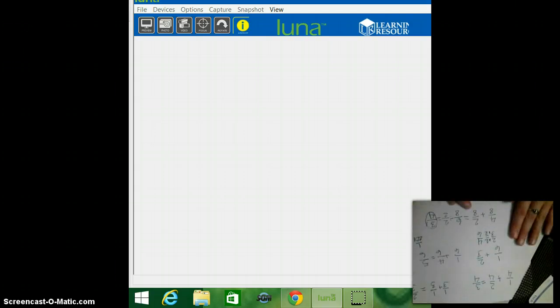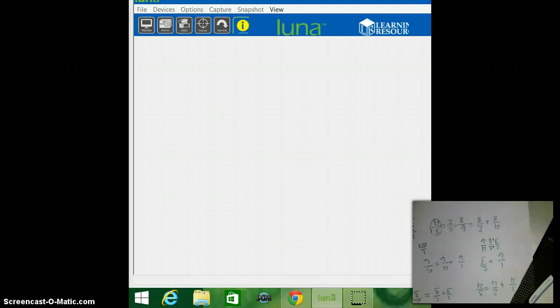Okay, so this was a quick snapshot of adding like denominators and then making sure your answer was in lowest terms. We also added unlike denominators and made it simple, where we only had to see if one could fit into the other. The next lesson is going to be on unlike denominators, but where you have to do some more work.